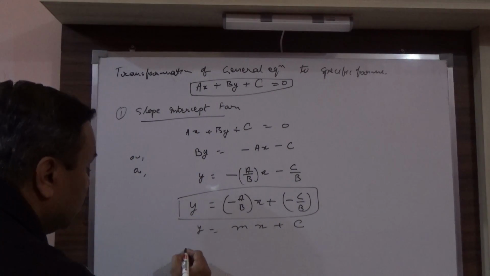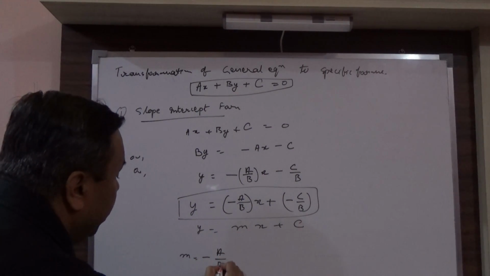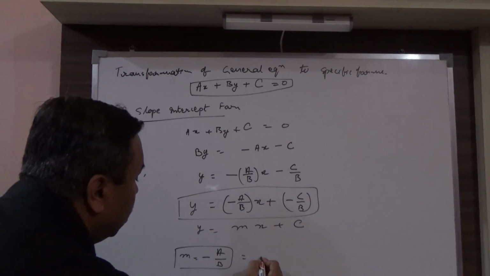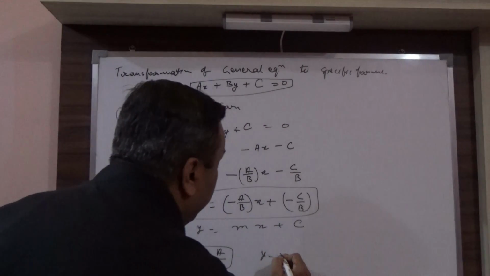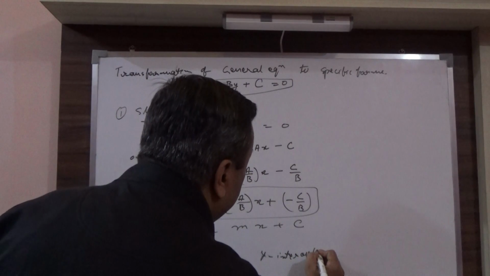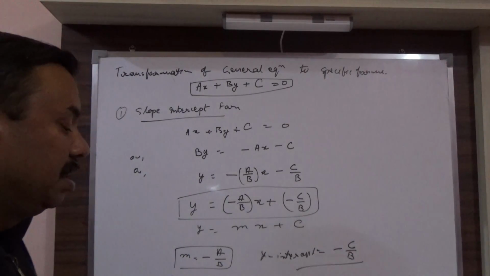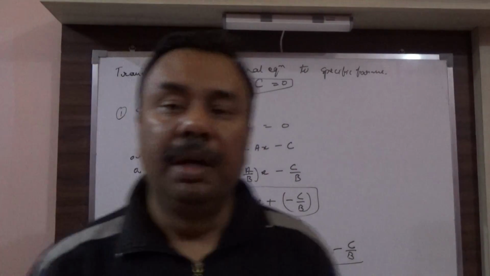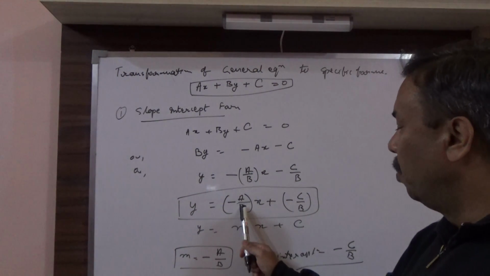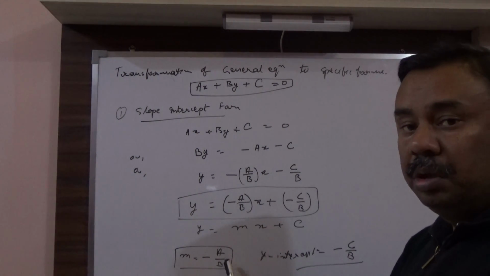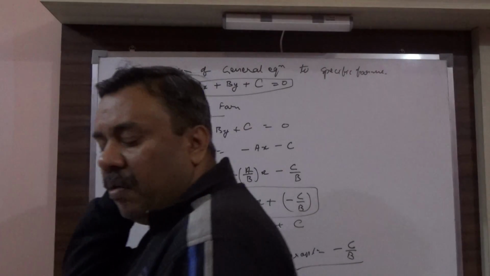So my m, the slope, is minus a by b, first thing, and the y-intercept is equal to minus c over b. So these are the two pieces of information that you can deduce from the given equation: the slope of the line and the y-intercept. Okay, so this is one deduction.